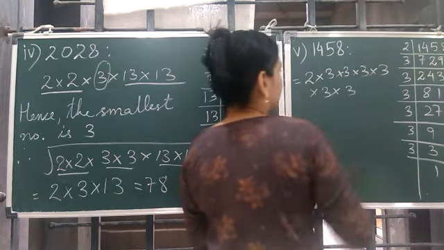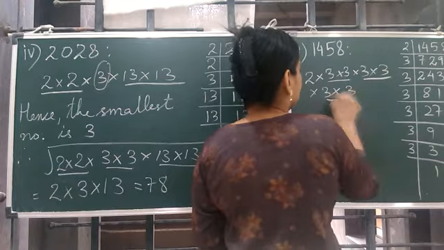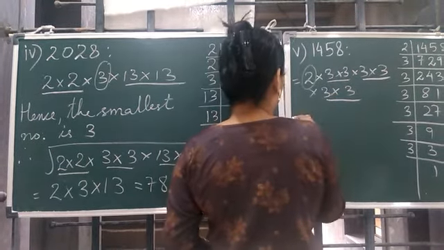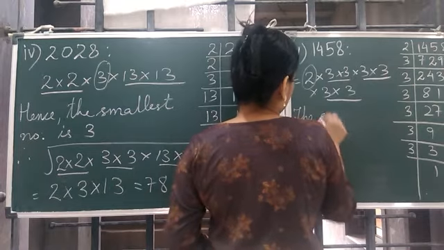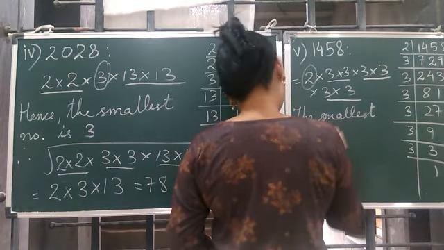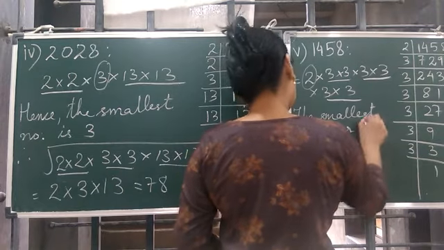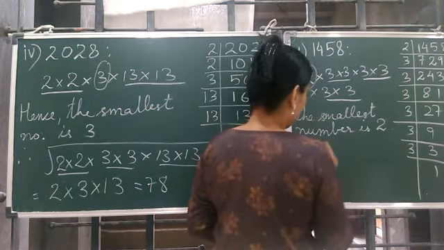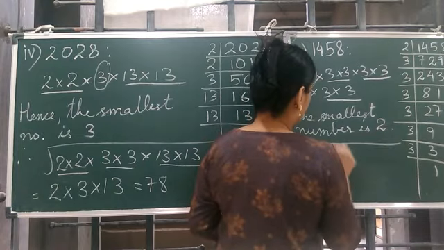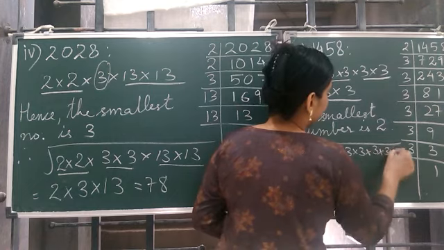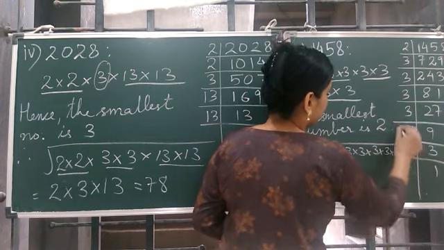Now we see who's alone here. 2 is alone, so the smallest number is what? 2. So when we multiply by 2, what do we get? Let's see. 2 into 2, 3 into 3, 3 into 3, 3 into 3.